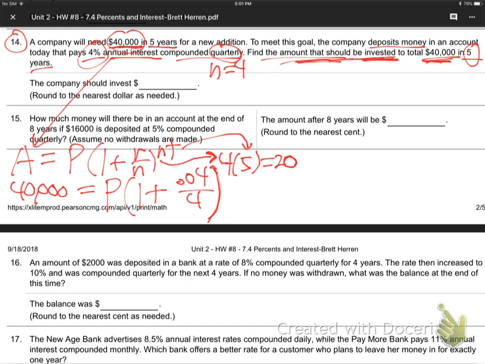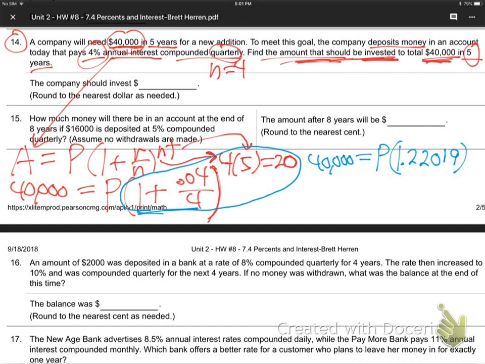If you use your calculator, you'll get 40,000 equals P times (1.01) to the 20th. So I'm going to do that. I'm getting 1.22019. And then how do you finish solving for P there? Divide by the 1.22019.